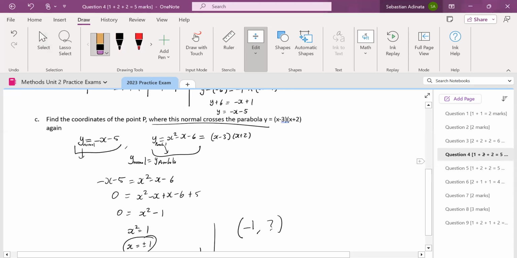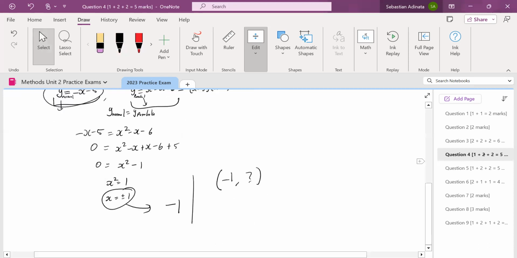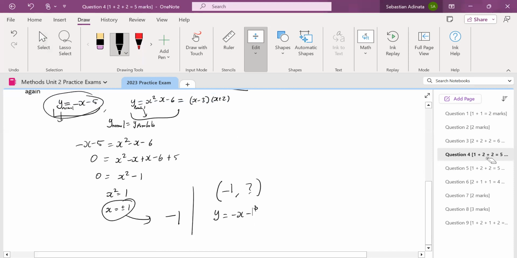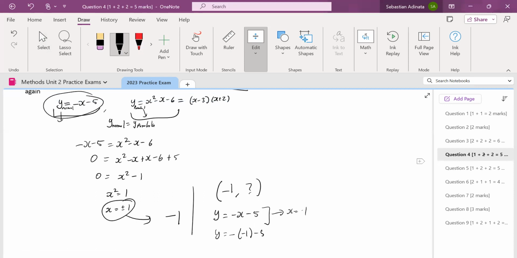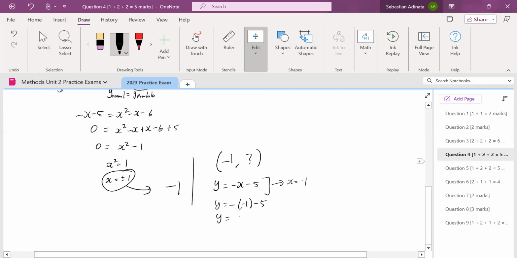I would say the one with less stuff. So y equals -x minus 5, and we want to find out what y is when x equals -1. So this is -1 minus 5. We have y equals 1 minus 5 equals -4, meaning the coordinates of P is -1, -4.